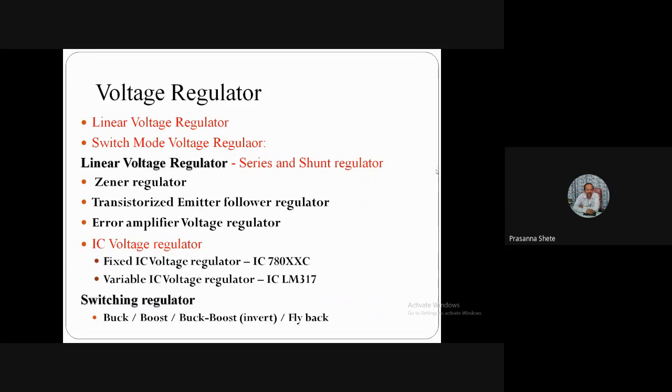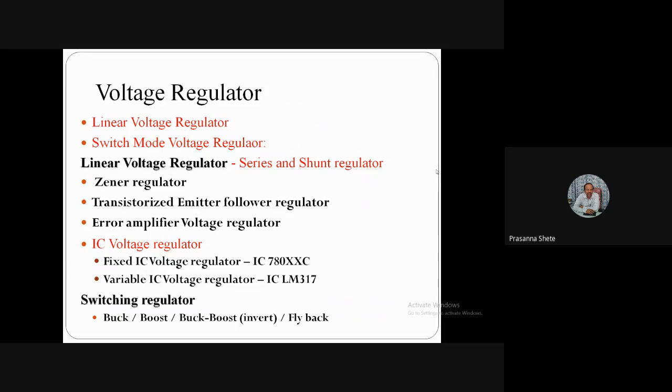In IC voltage regulators, we have fixed IC voltage regulators and variable IC voltage regulators. And lastly, we are going to see the switching voltage regulator, in which we have buck, boost, buck boost, and flyback types of SMPS.